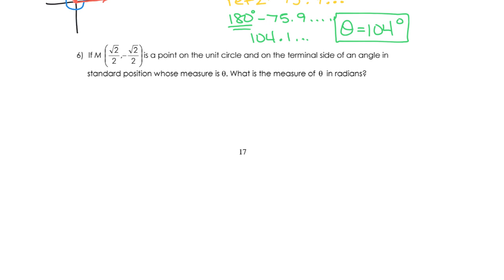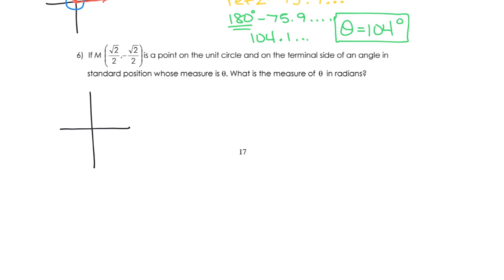Okay? In number 6, go ahead and graph just to give ourselves a visual. They're saying that if m, which is square root of 2 over 2, comma negative square root of 2 over 2, is a point on the unit circle and on the terminal side of an angle in standard position whose measure is theta, what's the measure of theta in radians?